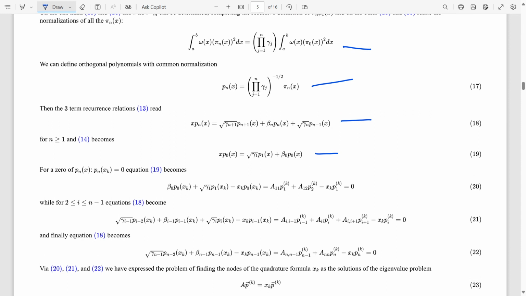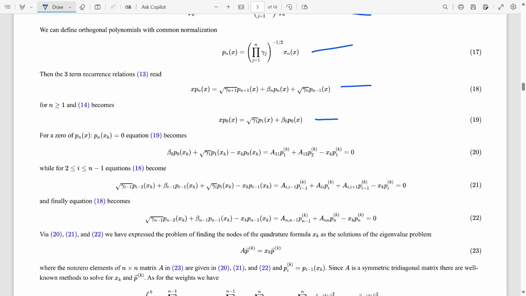If Pn of xk is 0, then the initial equation reads this, and for 2 less than or equal to i less than or equal to n minus 1, the equations read this. Well, for i equals n, because Pn of xk equals 0, we get this.